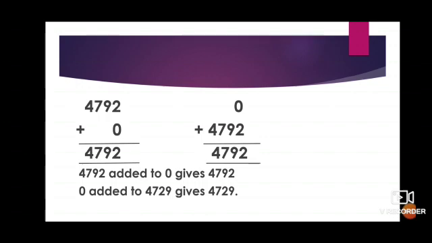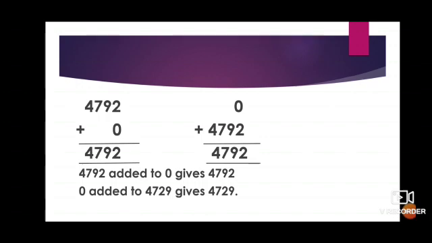So what is zero property, children? If you add a number to 0 or 0 is added to a number, you will get the number itself. So I hope all the 3 properties are clear to you.